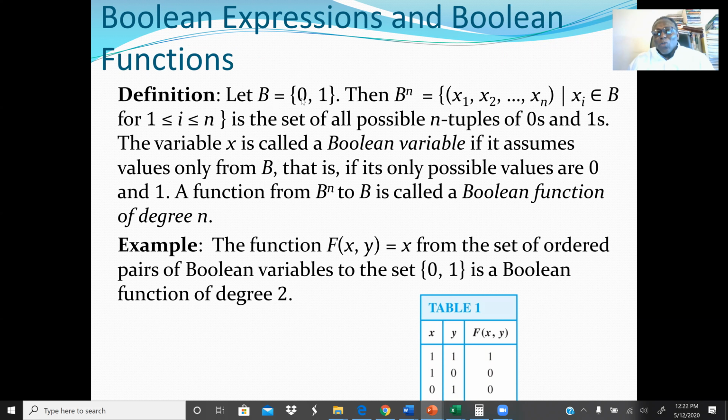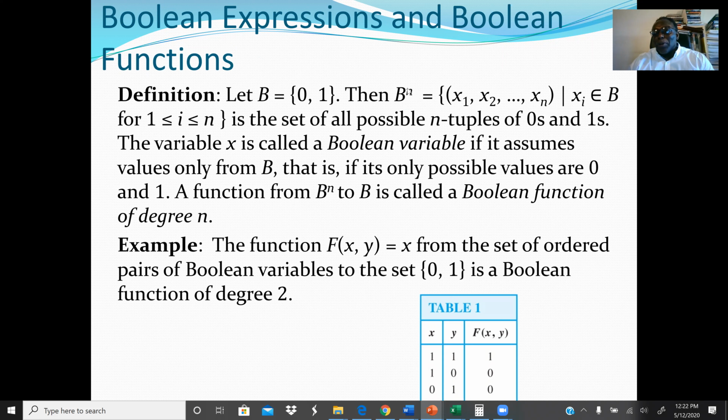Let's assume B equals 0 and 1. So B is our set, which consists of 0 and 1. Now B to the power n means how many digits I have, but all these digits will be a combination of only 0 and 1. So B to the power n means I have variables from s1 to sn. n is the number.